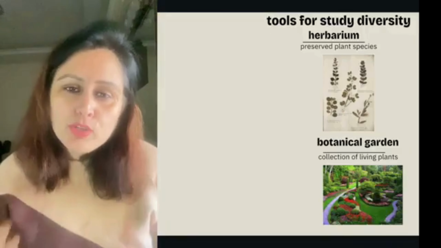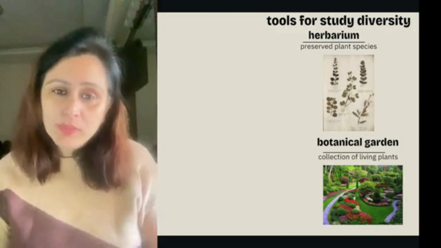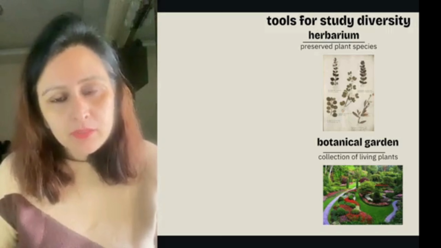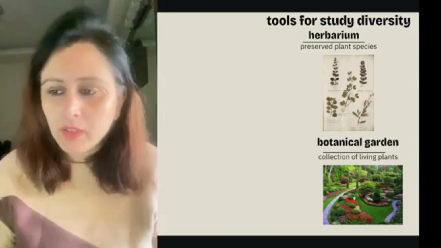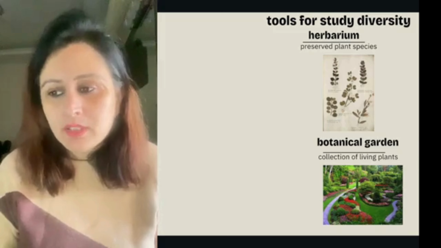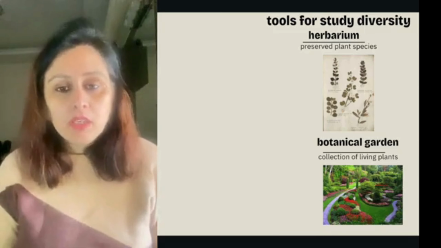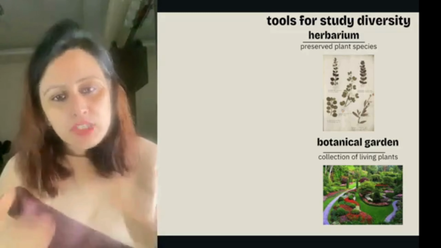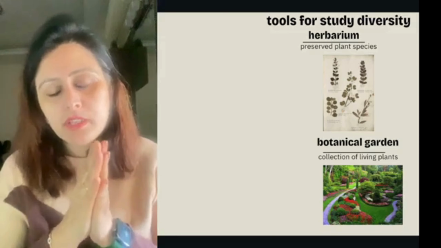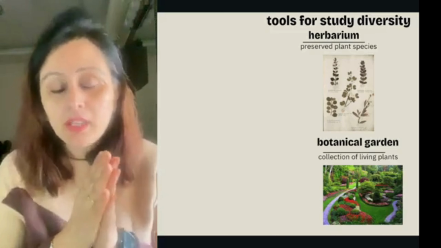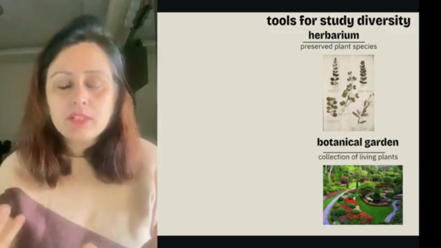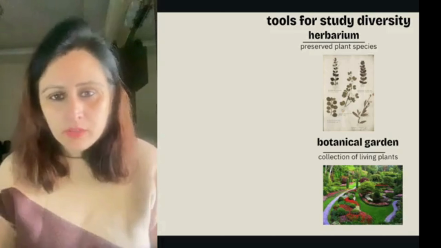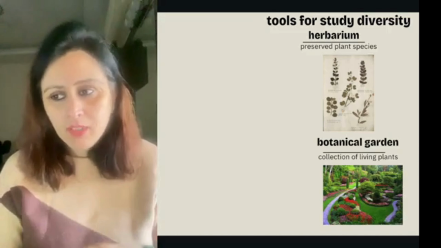Now if we want to study more about the diversity, how do we get to study about it, right? तो अगर हमें प्लांट्स के बारे में पता लगाना है, then we have the herbariums. हर्बेरियम्स क्या होते हैं? They are the preserved plant species. मतलब कि जैसे कोई प्लांट है, उसको डिहाइड्रेट करके मॉइस्चर रिलीज करके उसको प्रिजर्व किया जाता है between the pages, right? So that its characteristics, its appearance can be read much later, even if it is not existing, right?